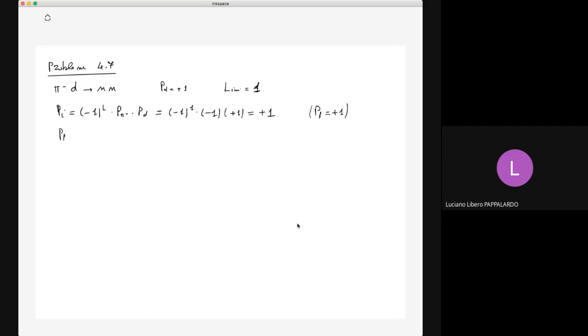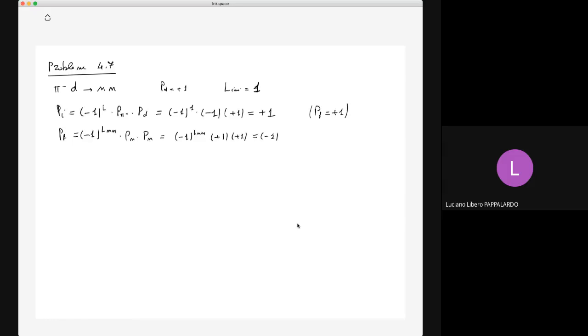So let's write down now the parity for the final state, P_F. This is (-1)^L of the neutron pair system times the intrinsic parity of the first neutron times the intrinsic parity of the second neutron. The neutrons are baryons, so they both come with positive intrinsic parity by convention, as we have seen yesterday.